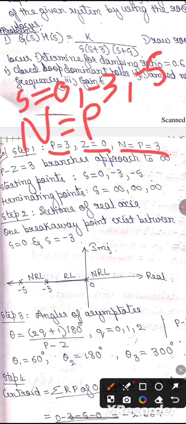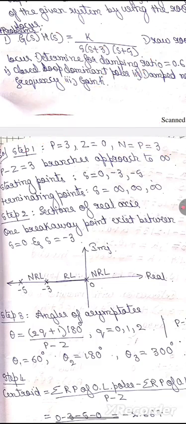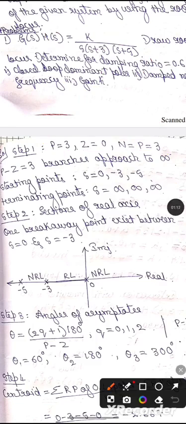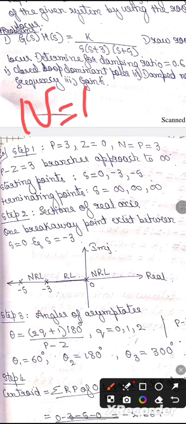N is equal to P minus Z. We don't have zeros. Remember, always poles will be in the denominator and zeros will be in the numerator. So we have here n is equal to 3. Number of branches is 3 because P minus Z is 3.